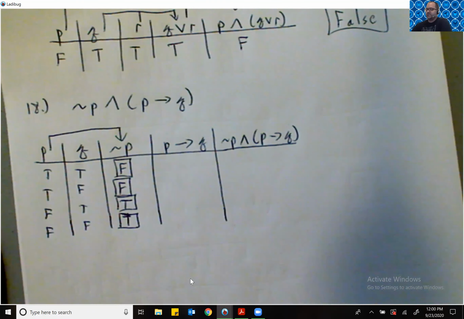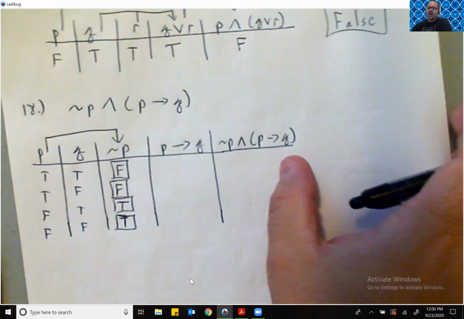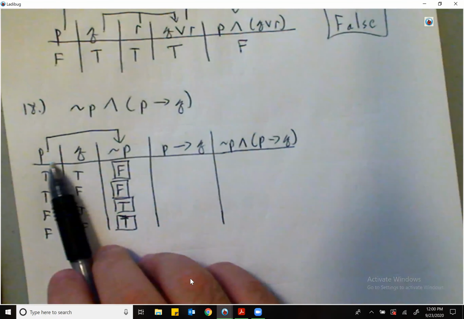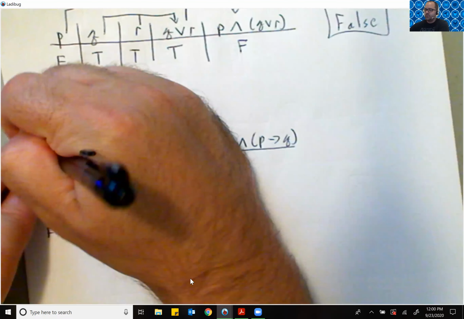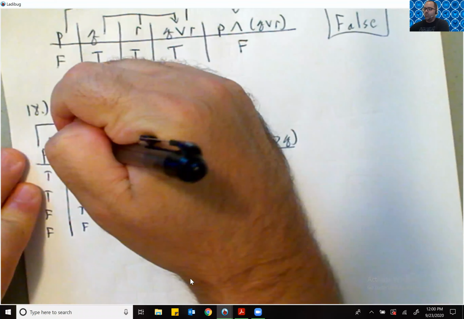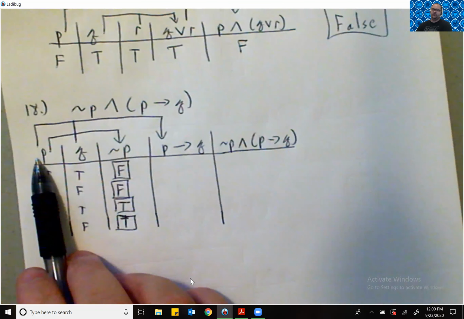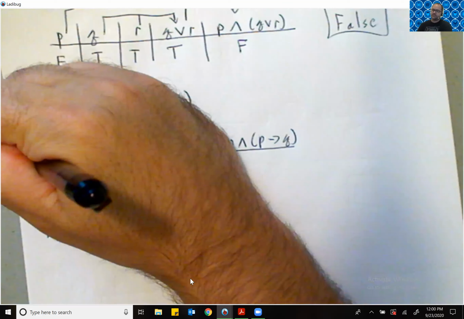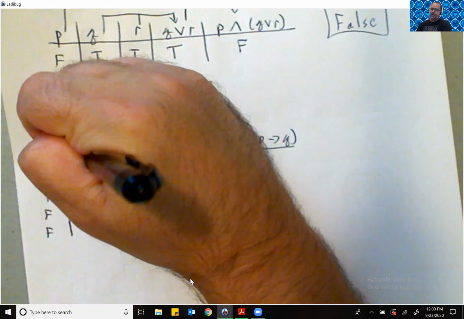So with conditionals, you have a thing called the antecedent and the consequent. Which one is the antecedent, P or Q? P. You got it. So I'm going to put ant by it. And that means Q is the consequent, so I'm going to put con by it.